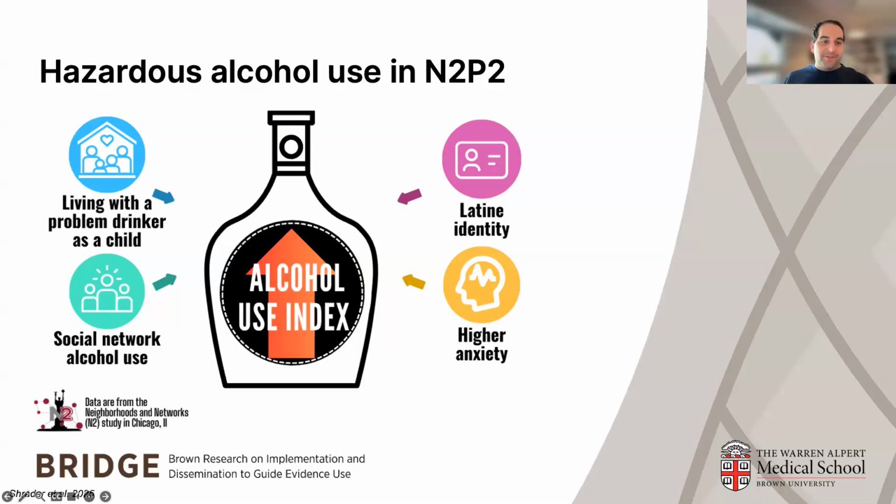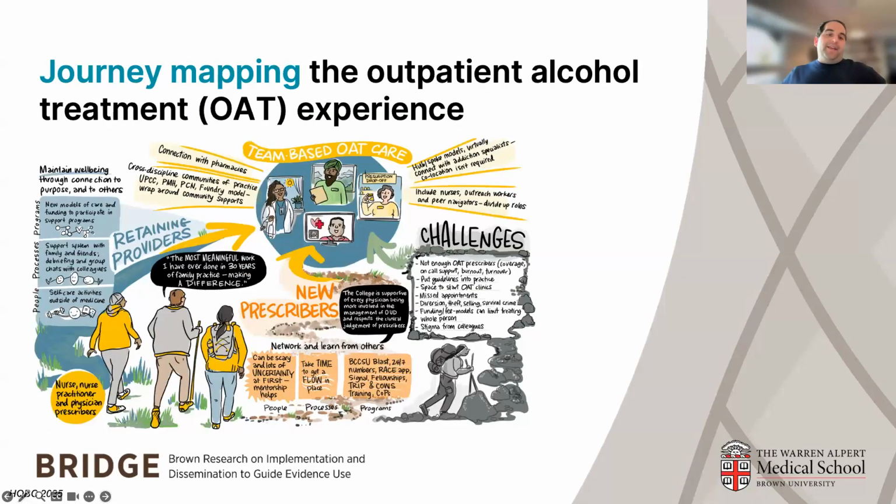This graphic summarizes some of the findings from a cross-sectional analysis where we looked at correlates of heavy alcohol use as measured by the AUDIT-C. This provided a foundation to do additional work within N2P2 to look at people's experiences with outpatient alcohol treatment, if any, as well as their preferences for receiving alcohol cessation support services.